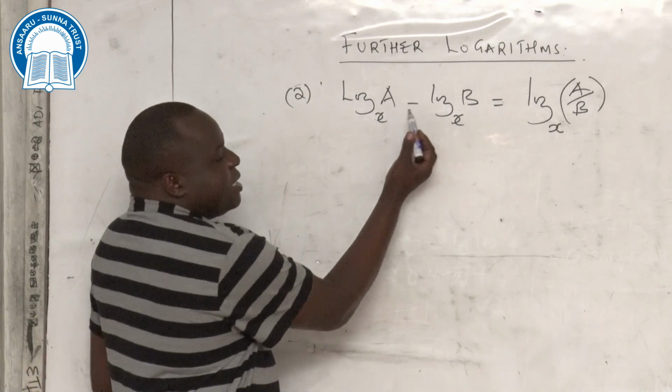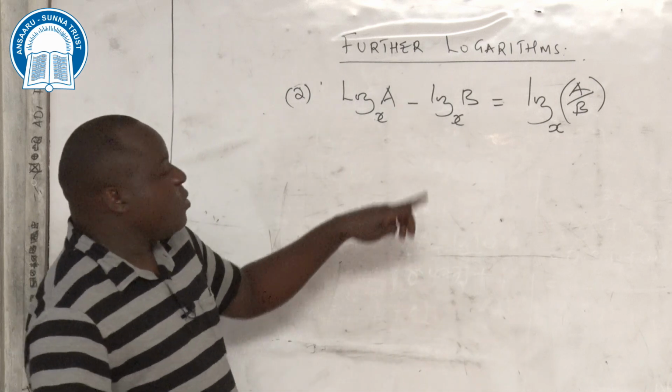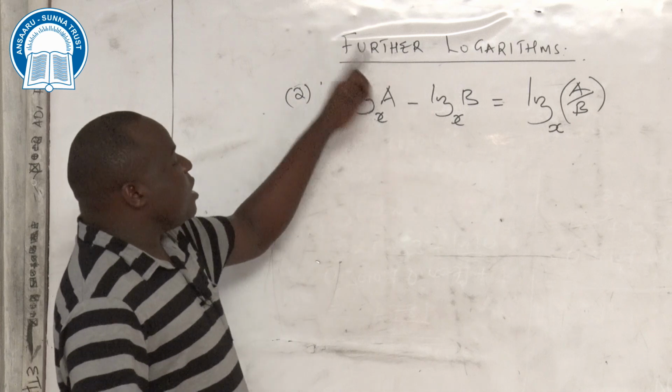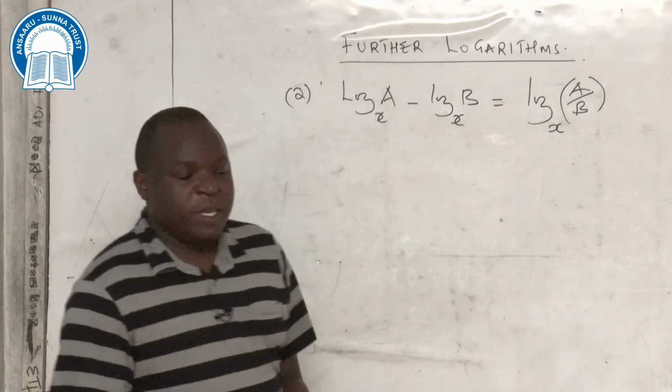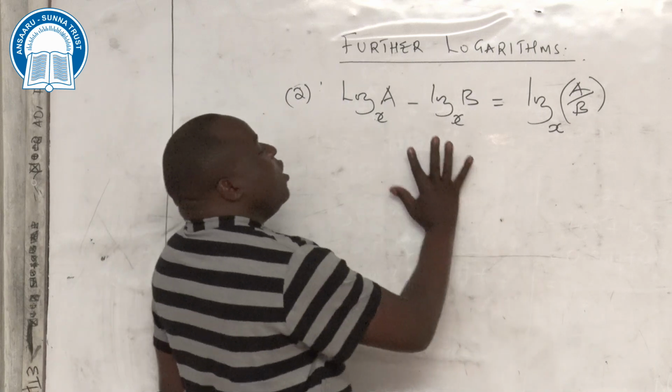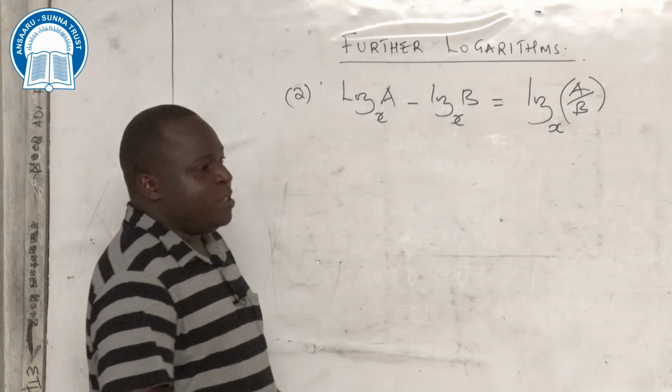So now, you might have noticed some difference. In the first law, it was addition. In the second law, it is subtraction. Now, when there was addition, we multiplied the respective logs. Now, if it's subtraction, we divide the logs.